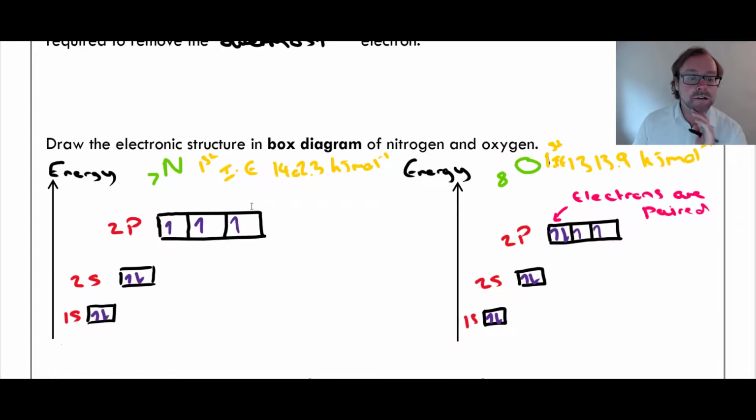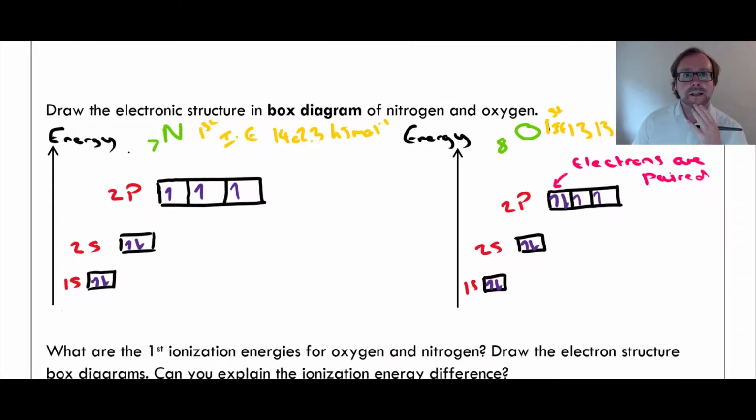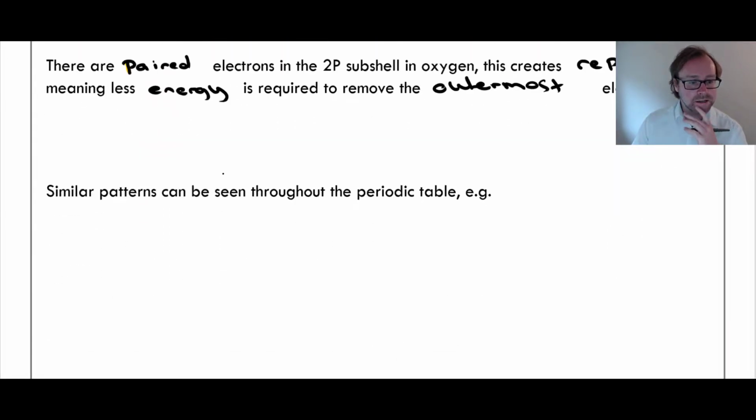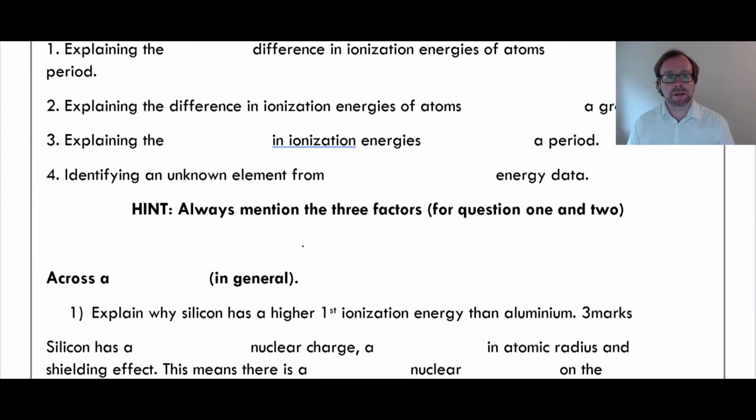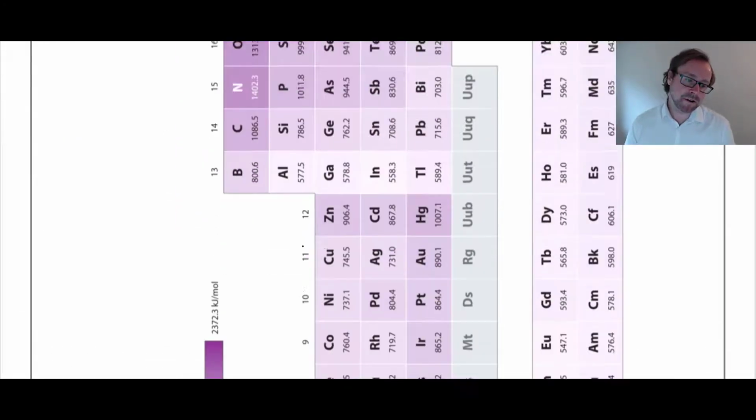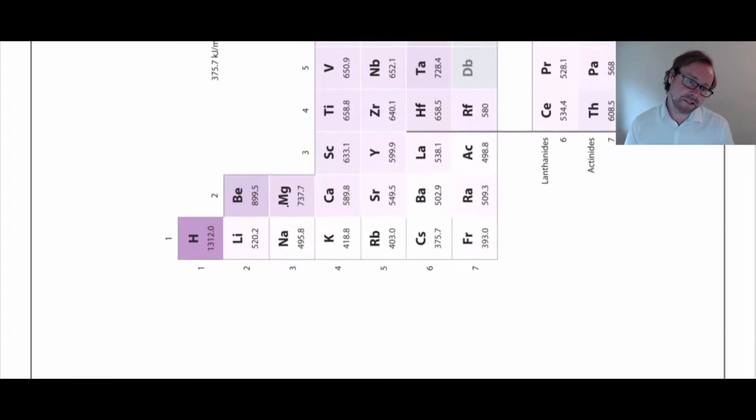In nitrogen, we don't have any paired electrons. They are all in separate p orbitals, which means they require more energy to remove. So these are two exceptions across a period that slightly buck the trend. We can see similar patterns throughout the periodic table. If we go down to ionization energy, you might have to turn your head slightly.